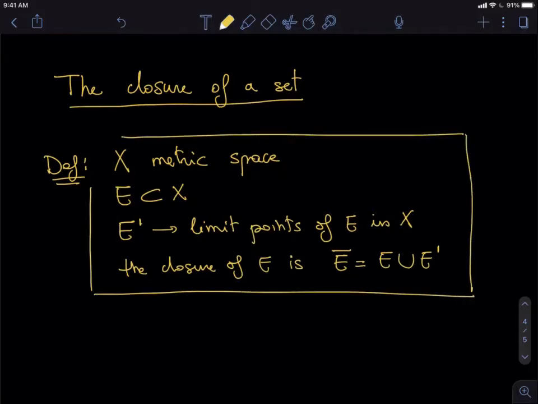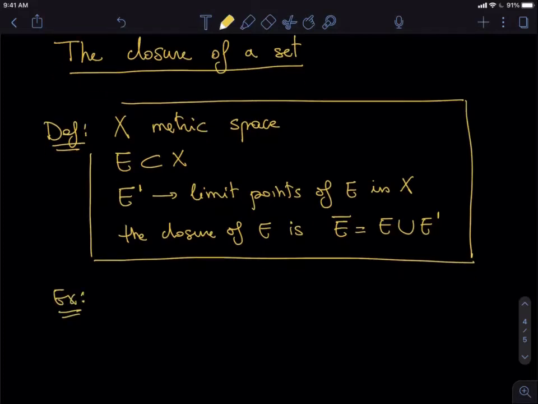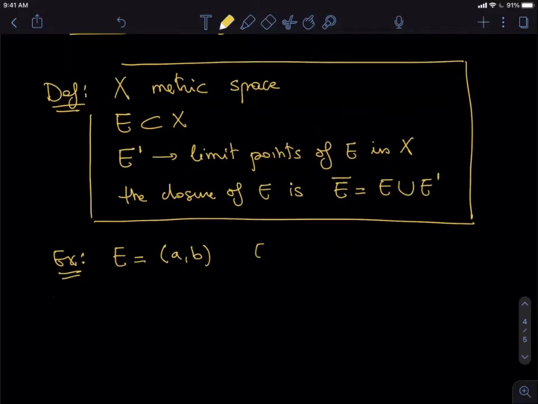So for example, a very simple example: if we have an open interval (a, b), the limit points here, well, let's go straight to the closure.